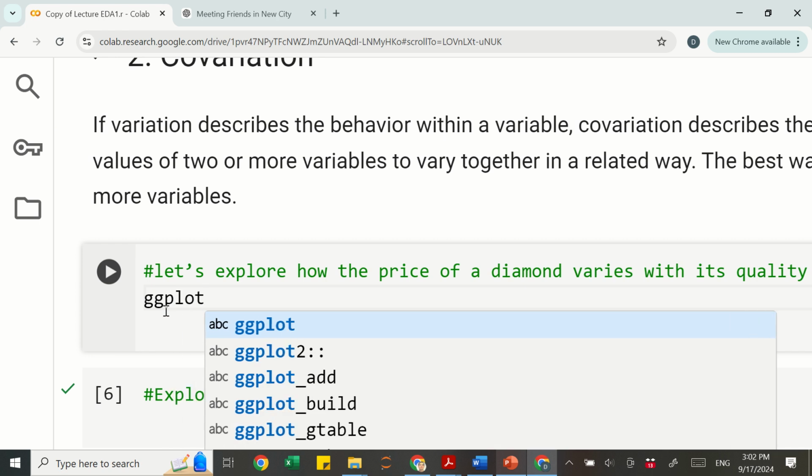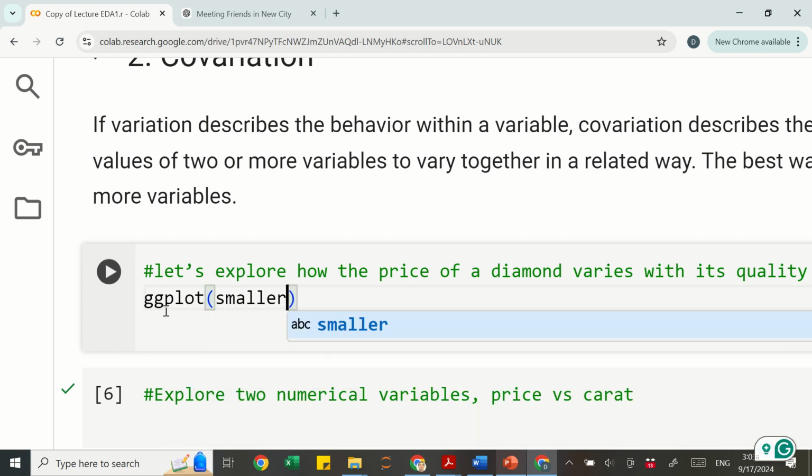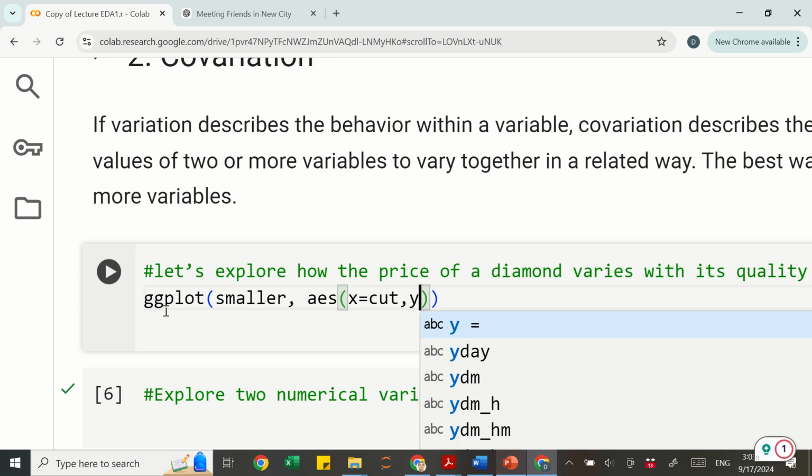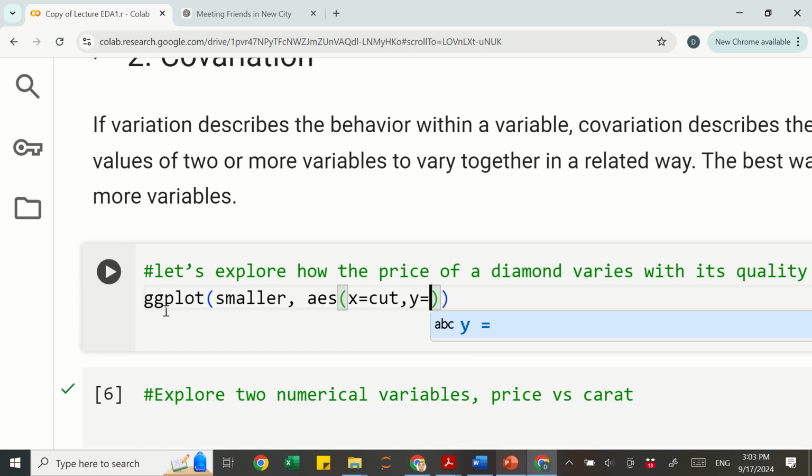So ggplot, smaller, that's the data set that I'm using now. Aesthetics, x is going to be cut, and y is going to be the price, because we want to check the relation between these two variables. What is the initial expectation?